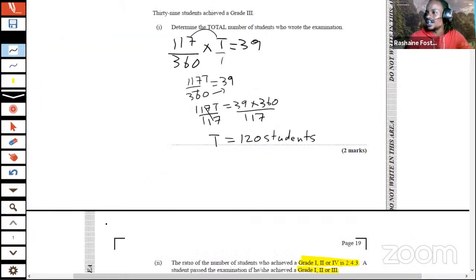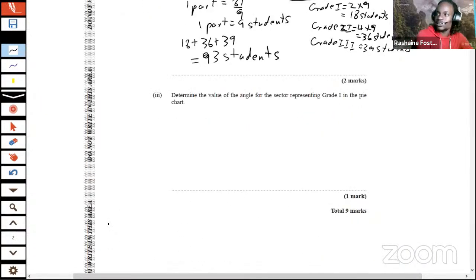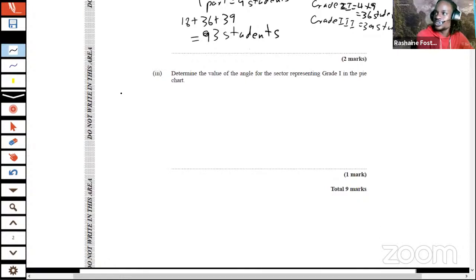So if you want to figure out the sector angle, based on the formula above, it is the amount over the total, and then you multiply it by the total amount of degrees in a circle, and we know that there are 360 degrees in a circle. That gives us our sector angle.